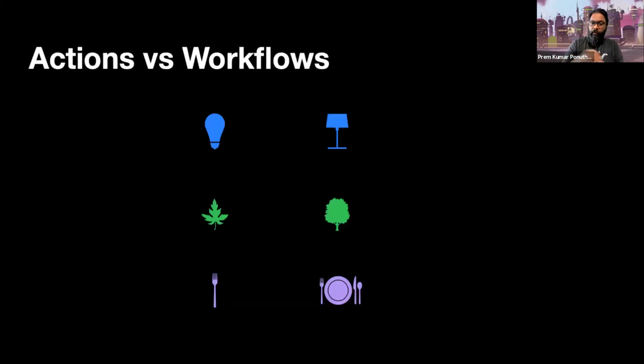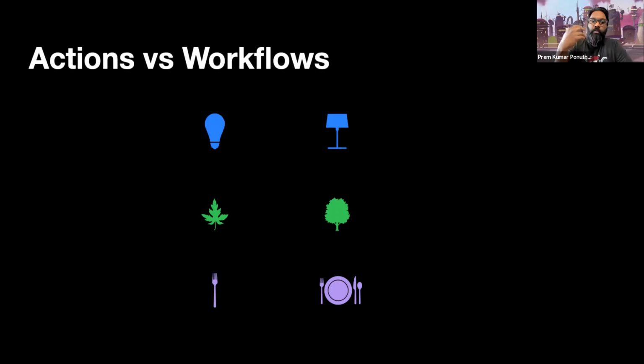But let me clarify a common misconception that we have seen cropping up in our engagements. People usually get confused between what is a workflow and what is an action. So first up, let's clear the doubt. I'm going to use this particular example, which is a light bulb that represents an action, whereas the lamp over here is a workflow.